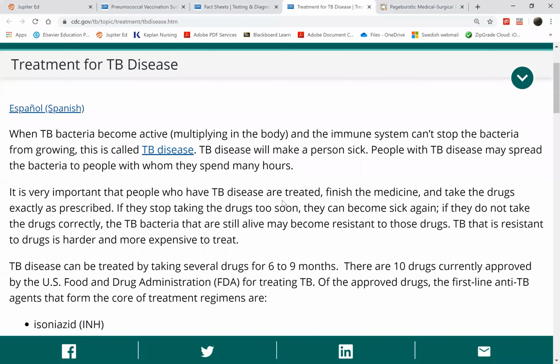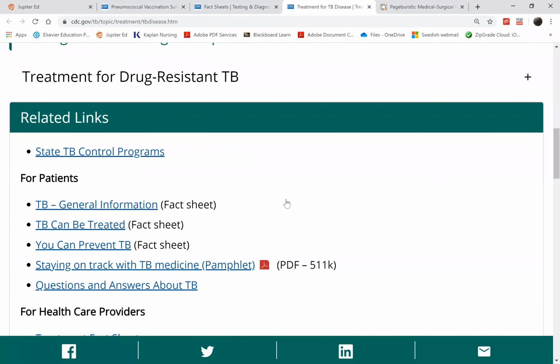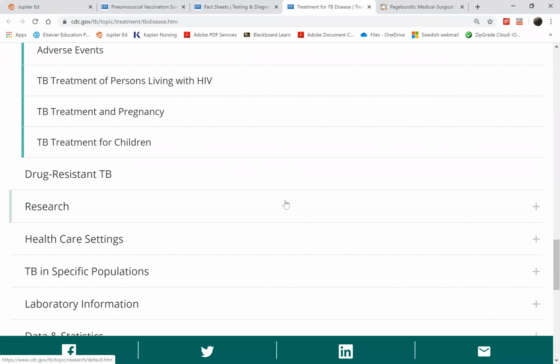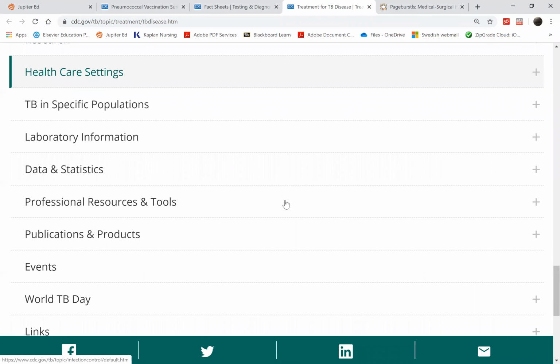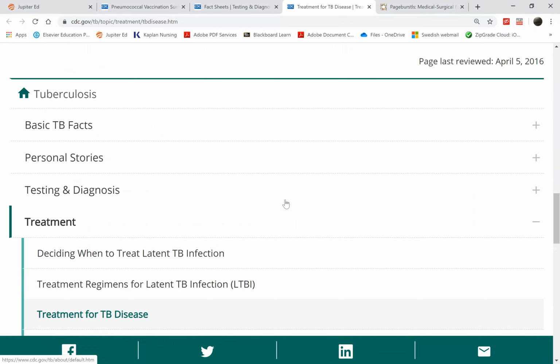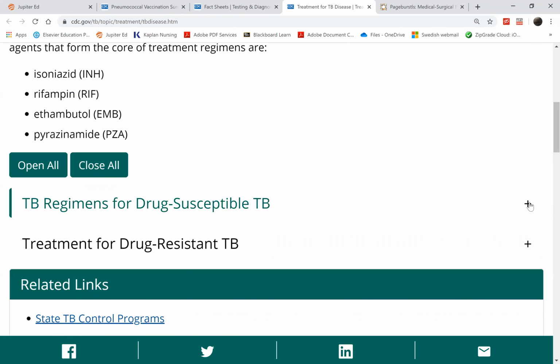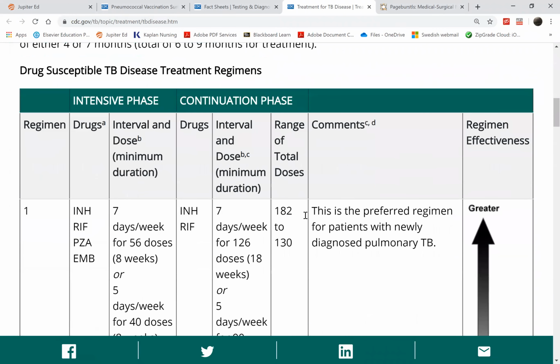Yes. For TB disease, look at only the first regimen. So it's regimen 1. If you expand this one, TB regimens for drug susceptible TB, we'll test regimen 1.